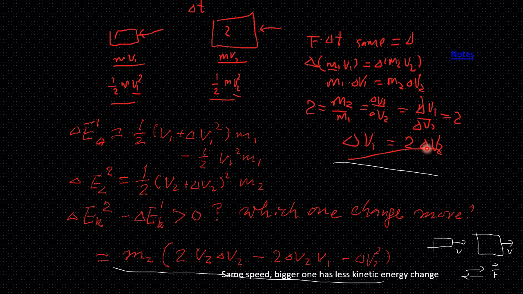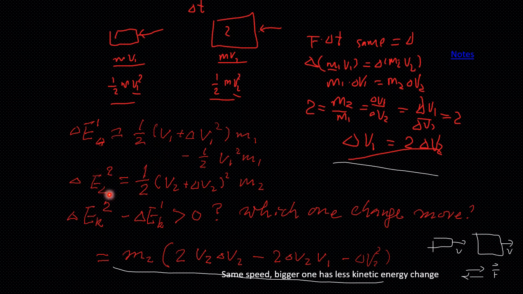So now for the kinetic energy change, we fall back to the original definition of kinetic energy. Half m v squared for the first one is (v plus delta v) squared minus v squared. The same is true for the second one, but with twice the mass. If you substitute this relation, we can find out which one is actually bigger.